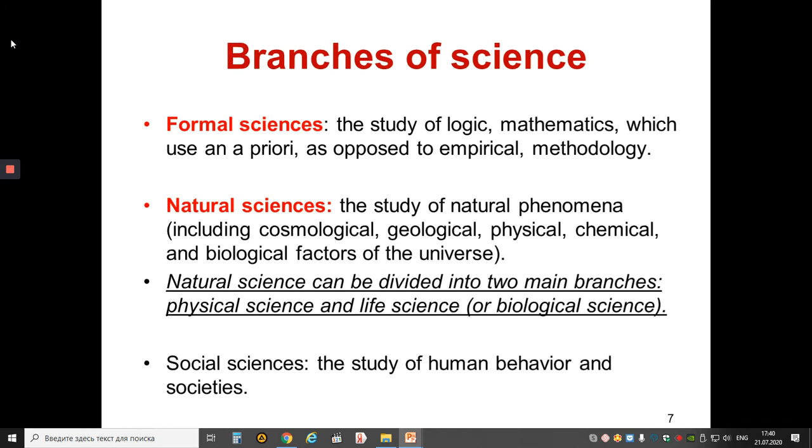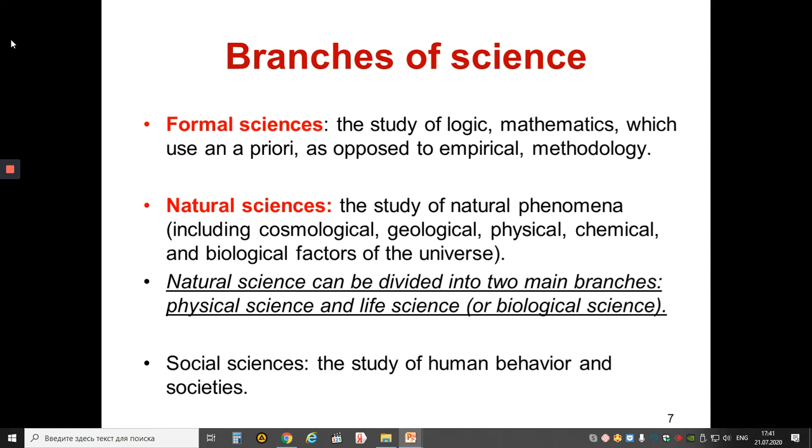In addition to this classification, science is divided into branches. The branches of science, also referred to as sciences, scientific fields, or scientific disciplines, are commonly divided into three major groups: formal sciences, the study of logic and mathematics, which use a priori as opposed to empirical methodology.